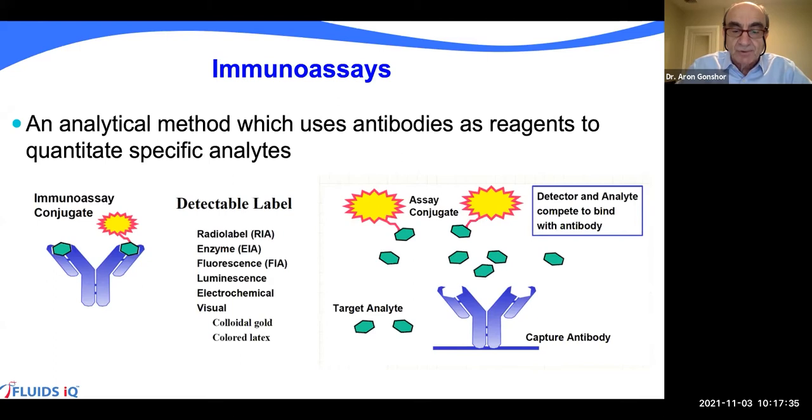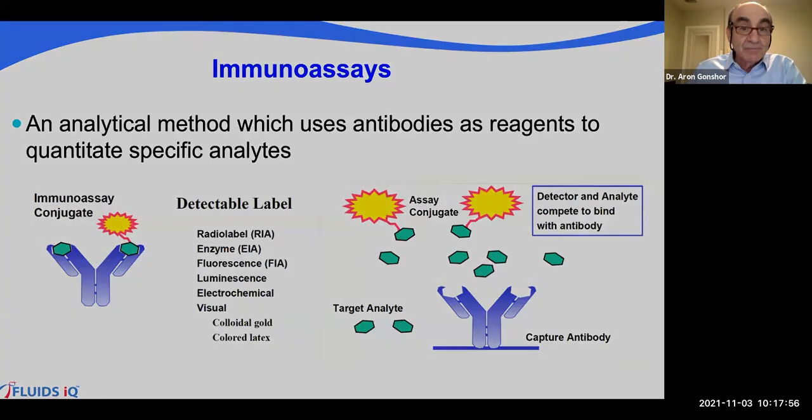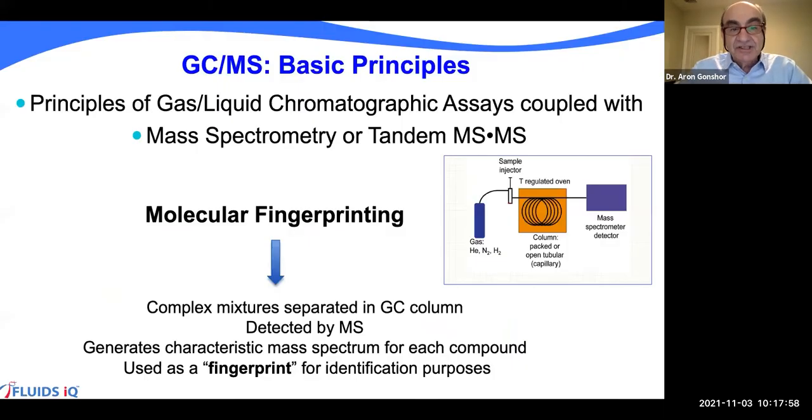We give you a particular analytical result, a number. And as I said, it uses antibodies as the reagent that allows you to quantitate the various analytes you're looking for. And I'm not going to go into detail on this. We can do that at some other lecture where we go strictly through immunoassays for those who would like to know. But the second way is GCMS or GCMS/MS.